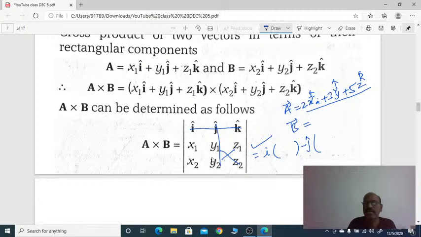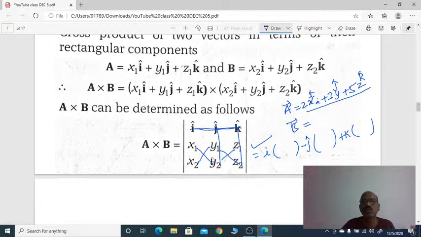Similarly, plus k, x1 y2 minus y1 x2. Let us solve a problem, then you will understand easily.